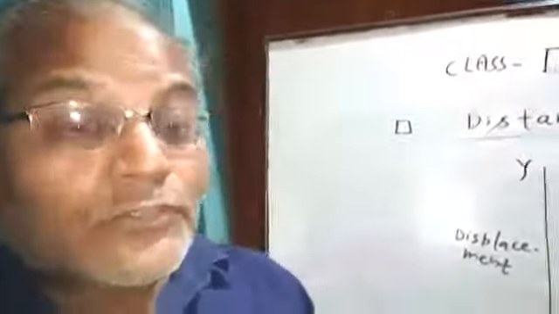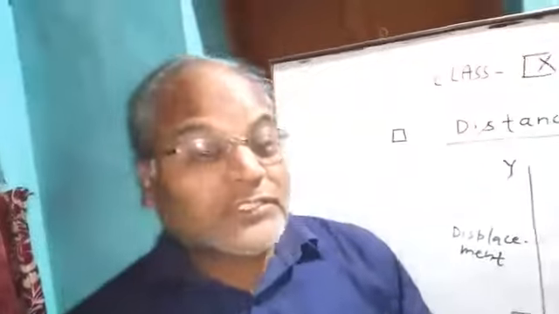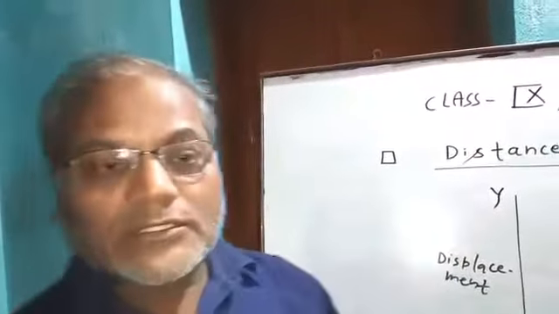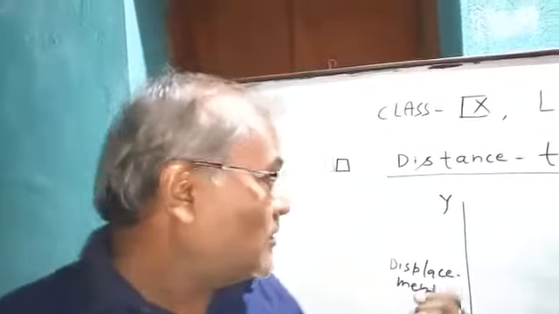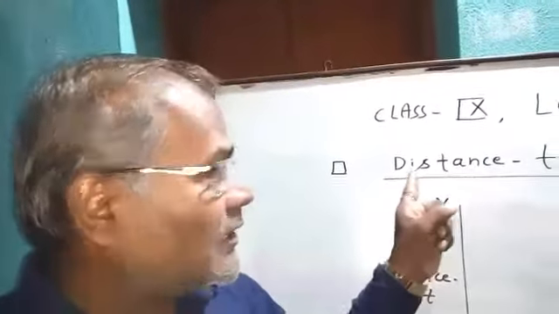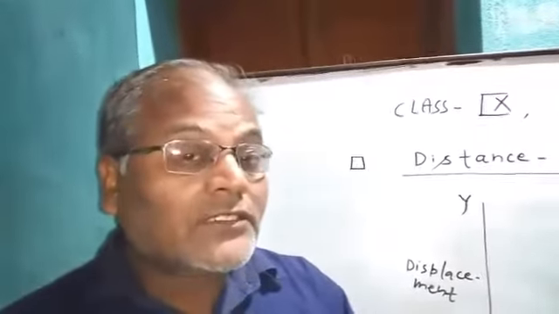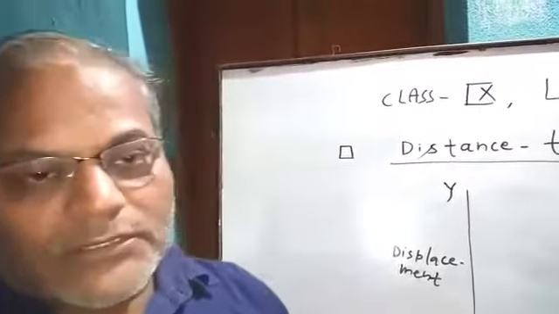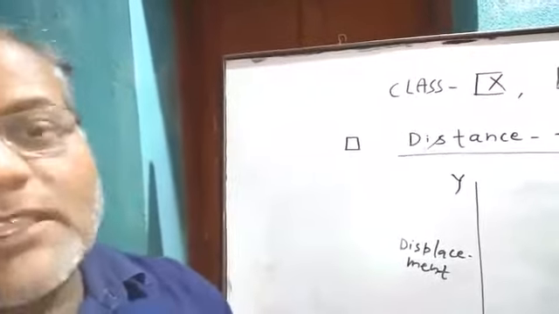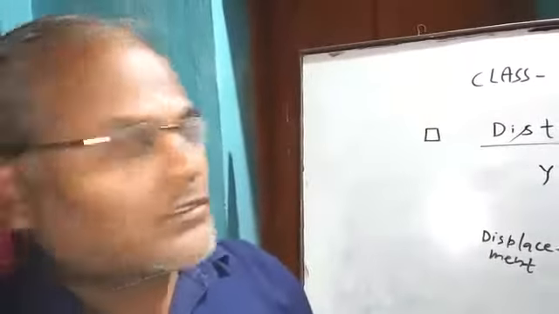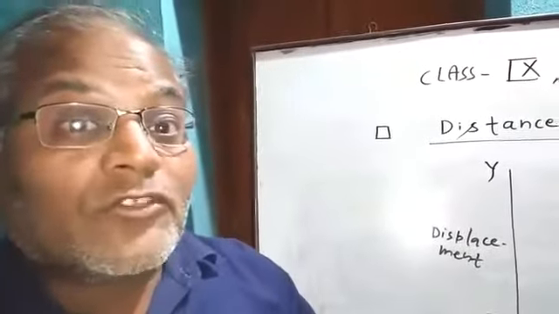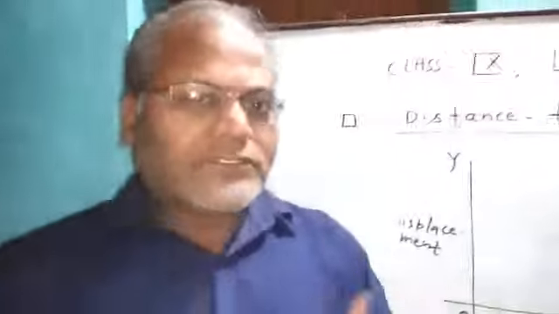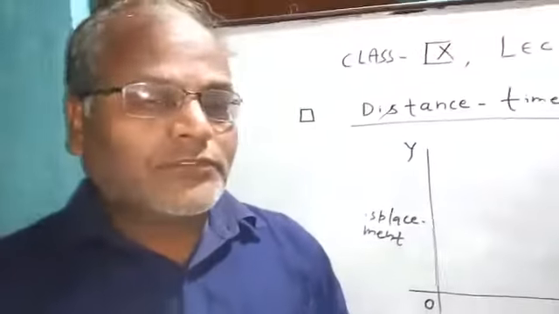Actually, distance has no certain direction, but displacement has a certain direction. You know speed is defined as the length traveled by the body in unit time, but the displacement traveled by the body in unit time is called velocity.